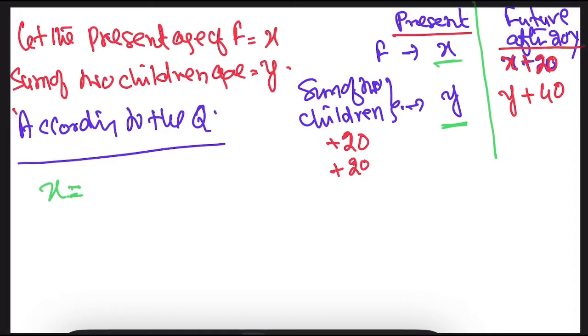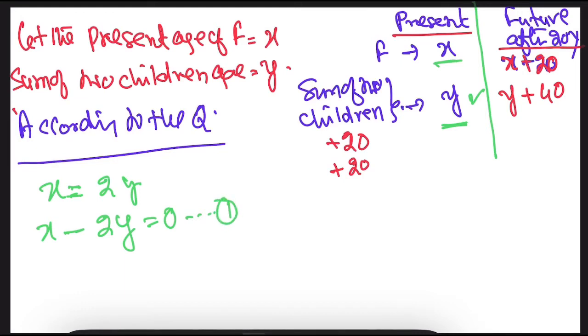The sum of the two children's present ages is y. So x and y you will keep on one side: x minus 2y equals 0. This is our first equation.